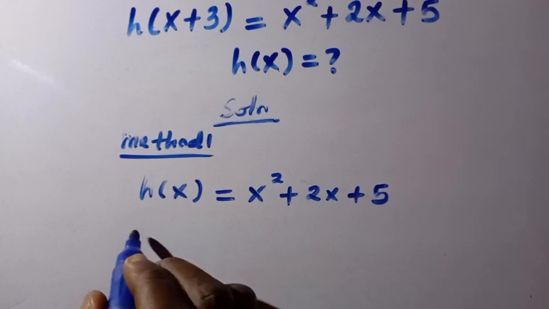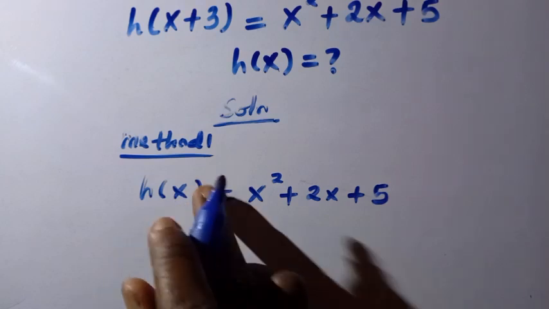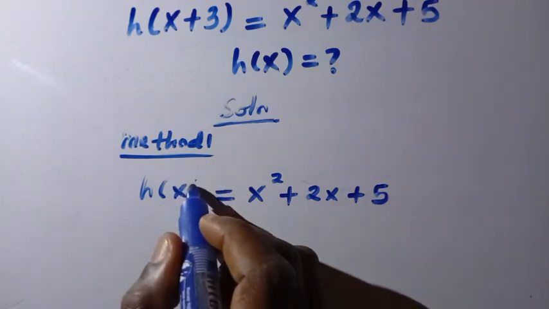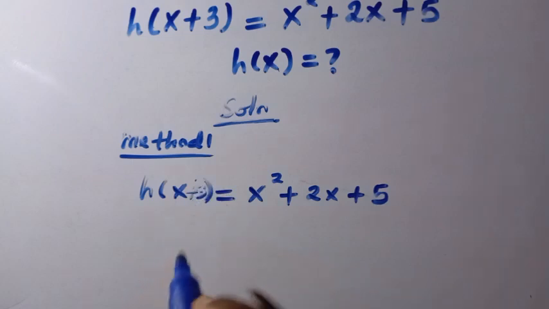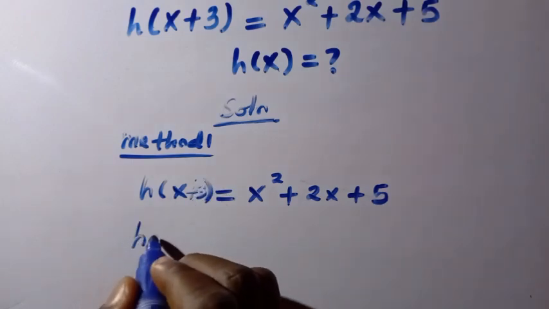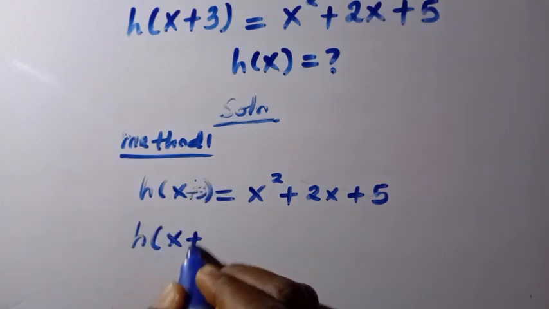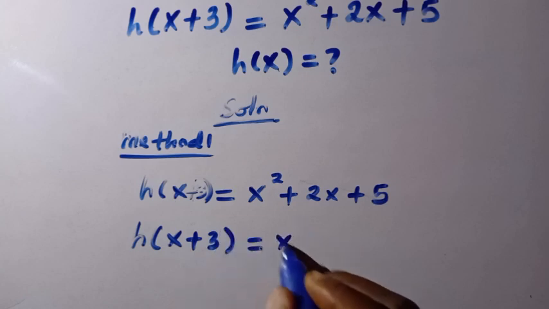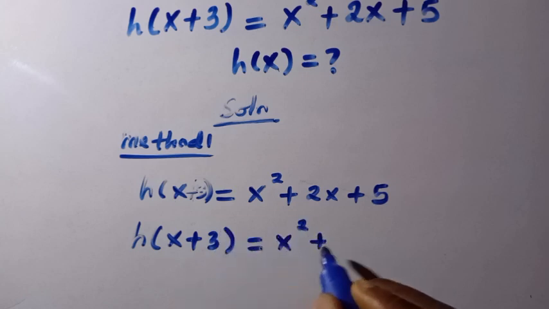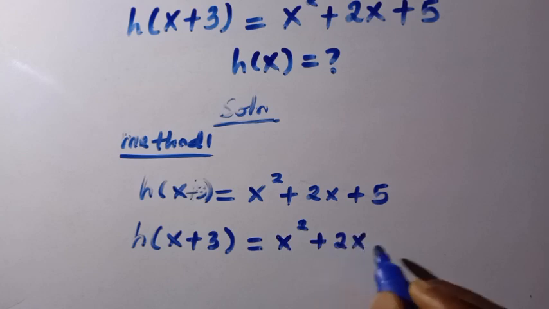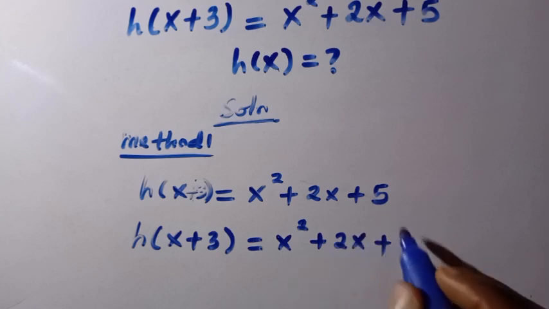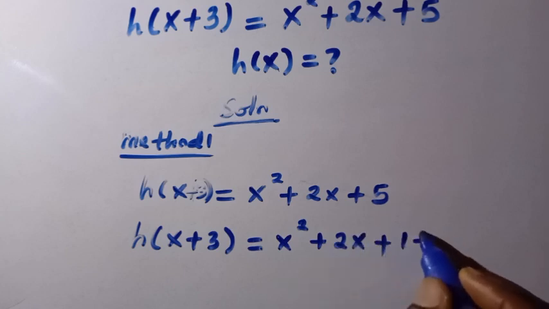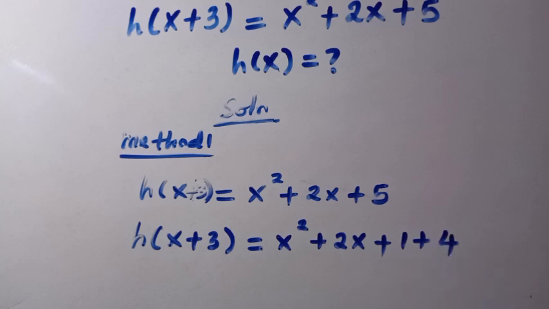So we have h of x plus 3 equals x squared plus 2x plus, and I can break this 5 into the sum of 1 and 4.